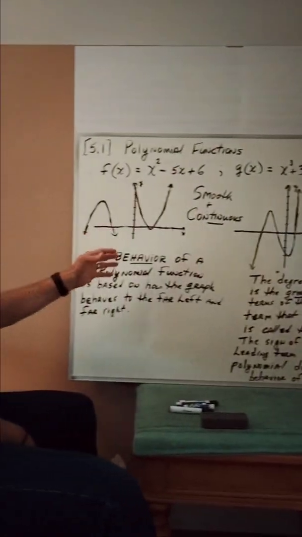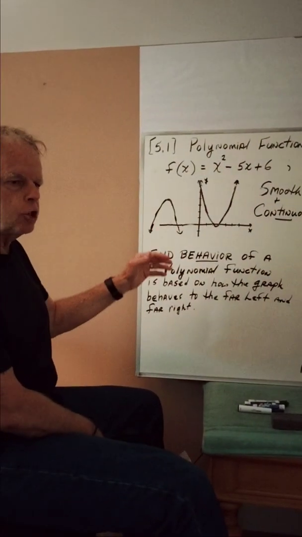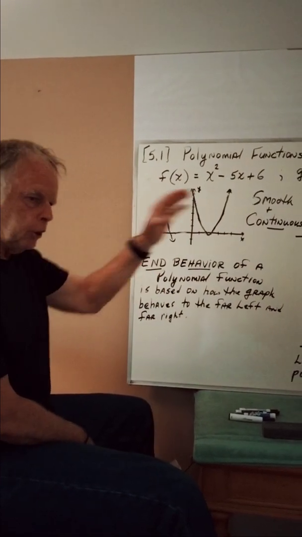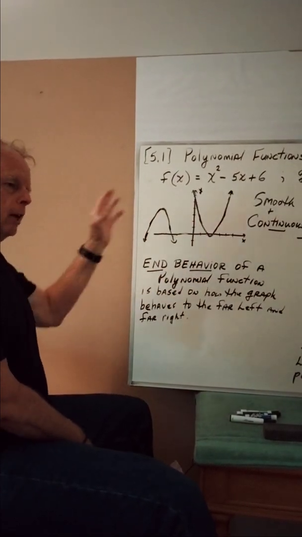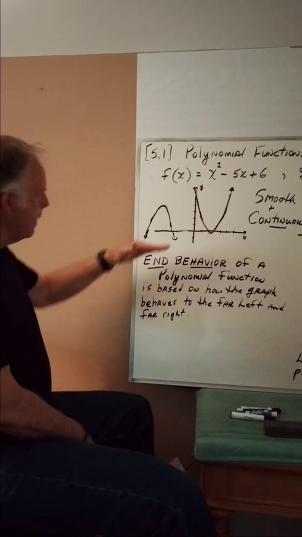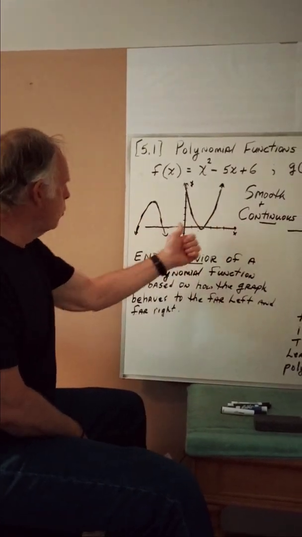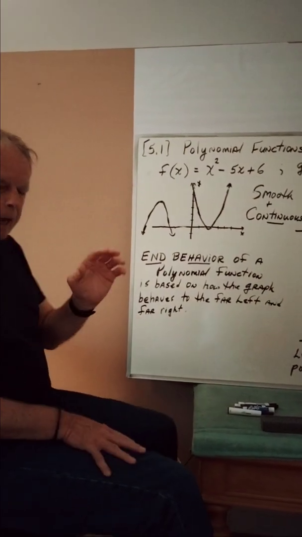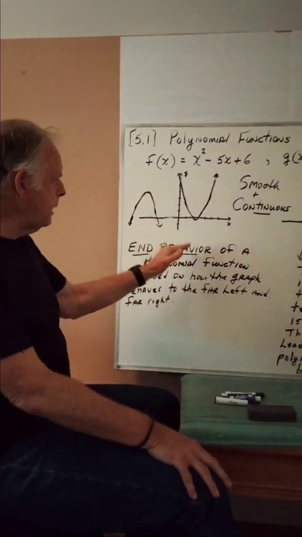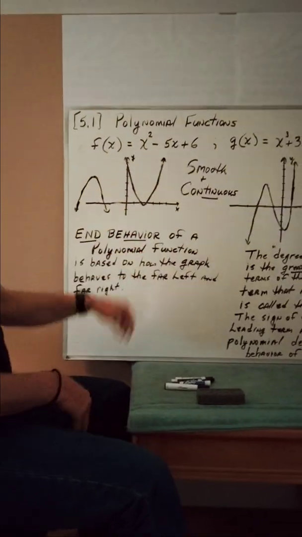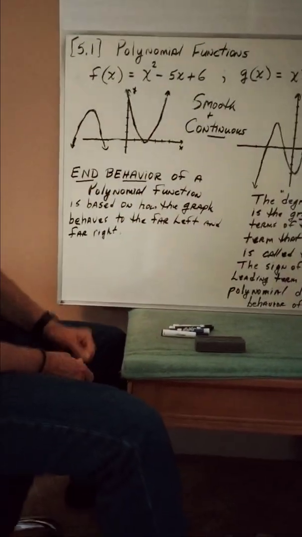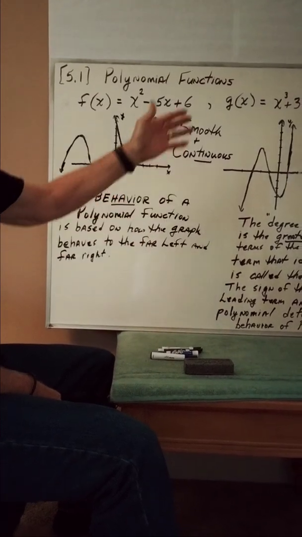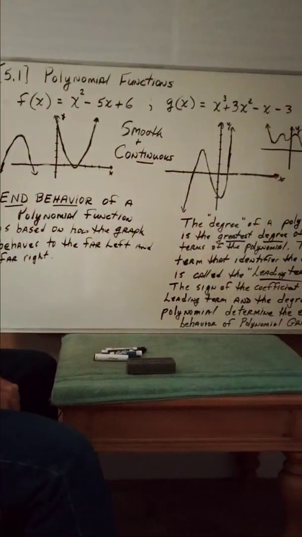Every single polynomial function, its graph will either rise or it will fall as x increases or as the value of x decreases. Now, the end behavior of a polynomial function can be determined without actually looking at the graph.